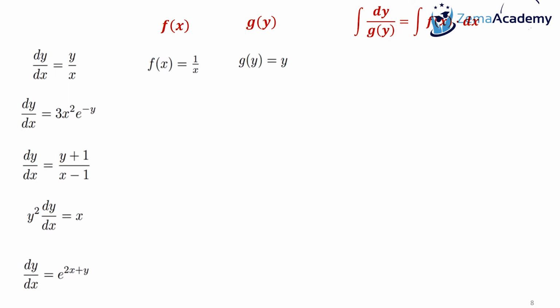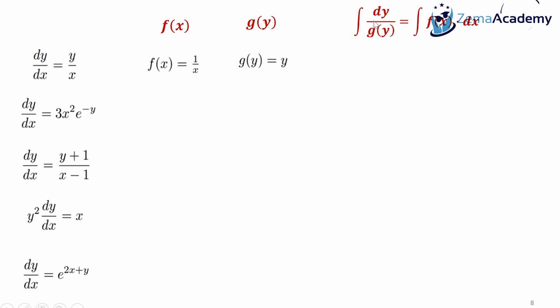When you look at all these examples, you should be able to separate x terms under f(x) and y terms under g(y). And once you have identified which one is f(x) and which one is g(y), you can place both these functions f(x) and g(y) according to the formula.